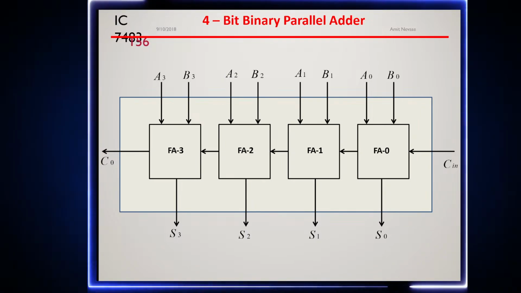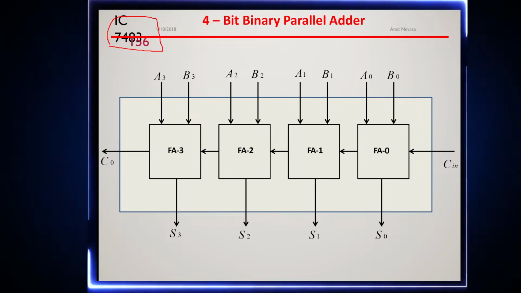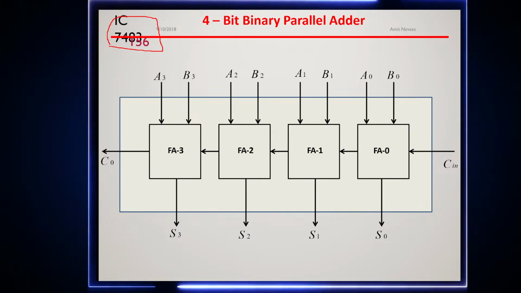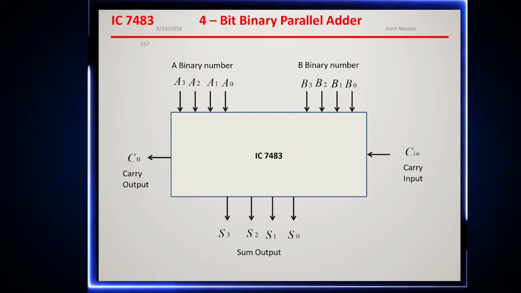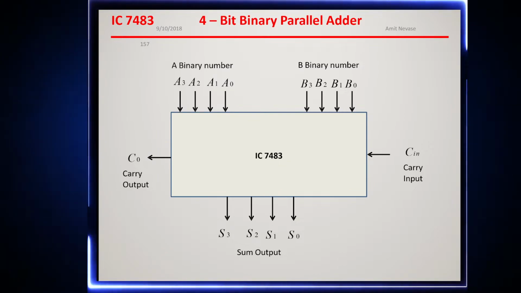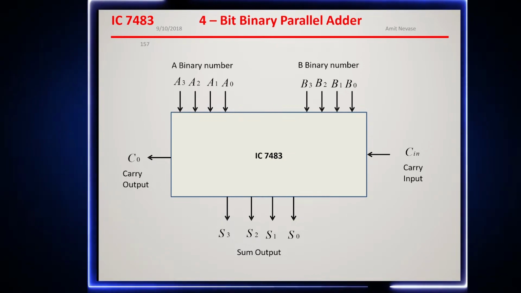The IC number is 7483. Maybe in some MCQ they might ask you what is the function of IC 7483 or vice versa, right? So this IC is a 4-bit parallel adder, so it would add two 4-bit binary numbers.